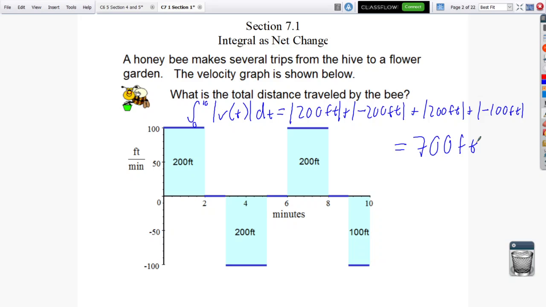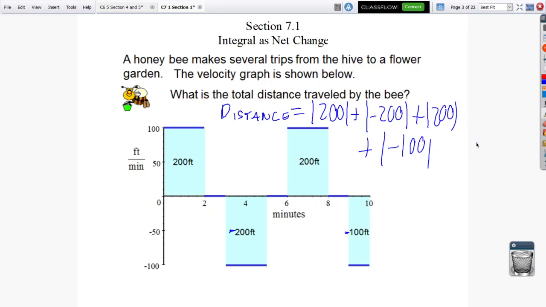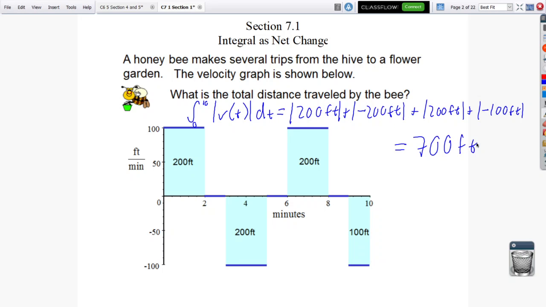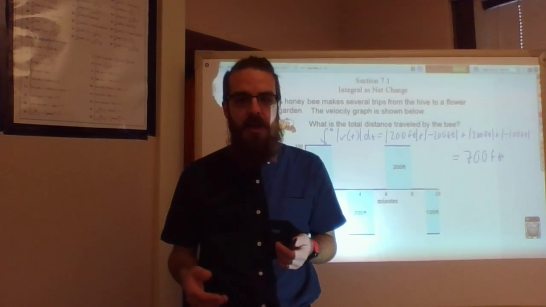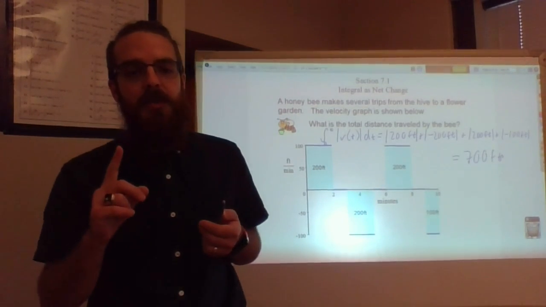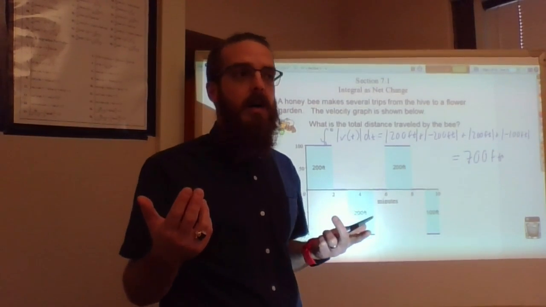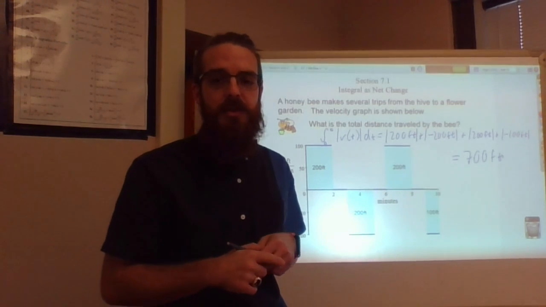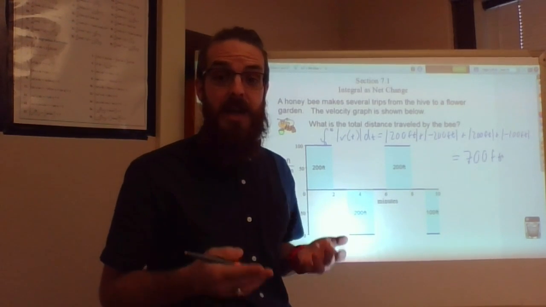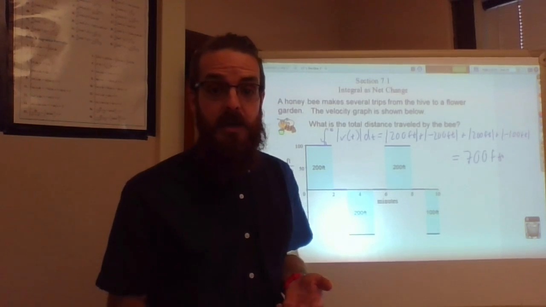One thing that really drives this home in my mind is running on a track. If you've ever run a track and field event, you'll know that the distance around the track is going to be 400 meters. So if you run one lap around the track, you have traveled a distance of 400 meters.